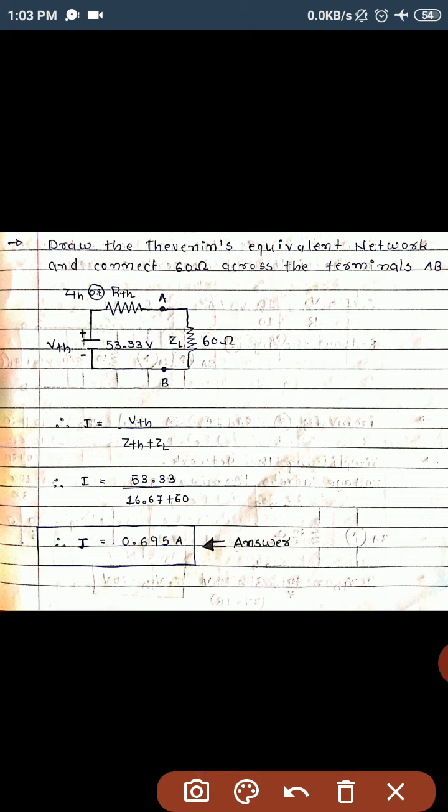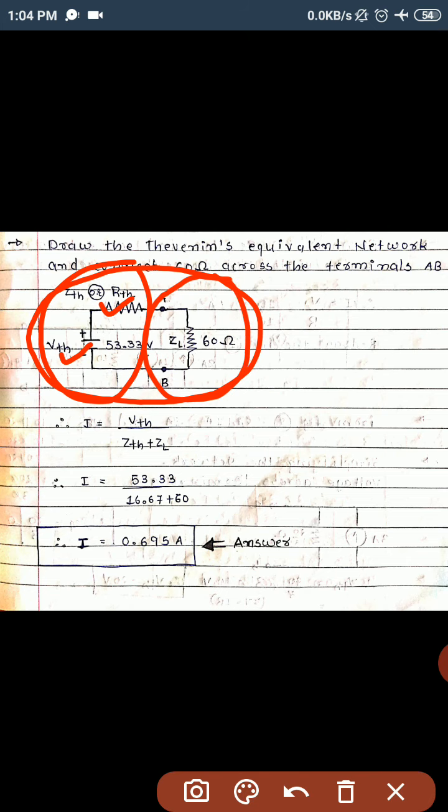So now we have the value of VTH and ZTH. Draw the Thevenin equivalent network and connect network B again, that is the 60 ohm. Our target is to find the current flowing through the 60 ohm across terminals AB. We develop the Thevenin equivalent circuit like this, VTH and RTH. This is our network A, and where we had removed it, we connect network B again, ZL equals 60 ohm.